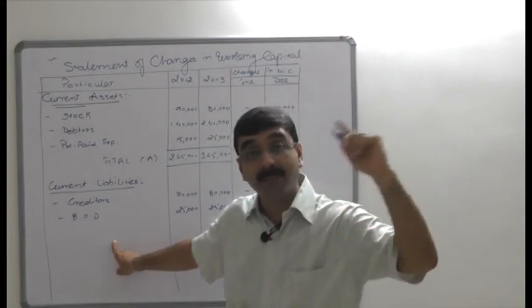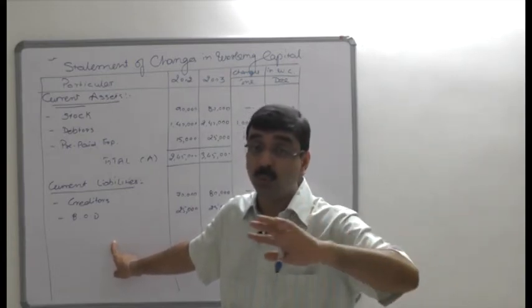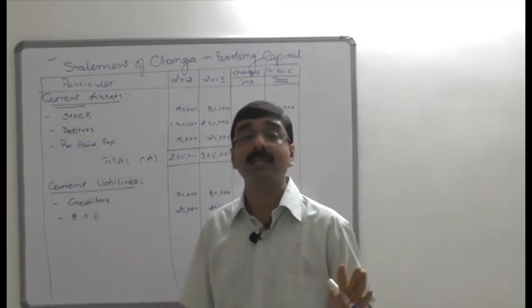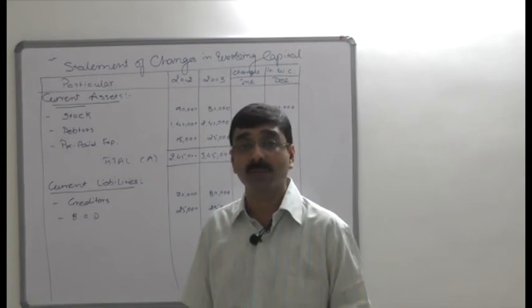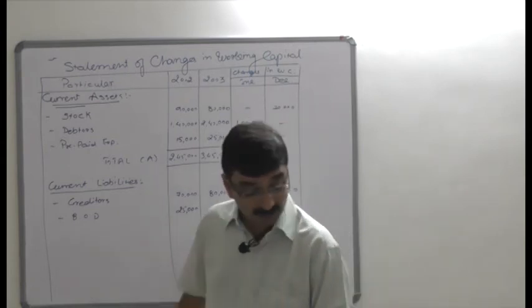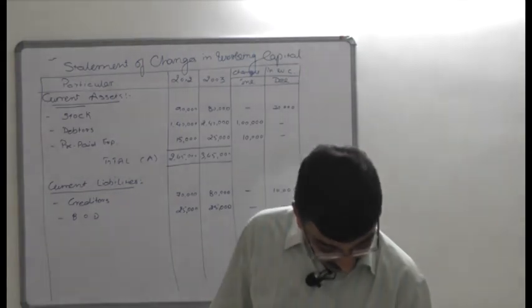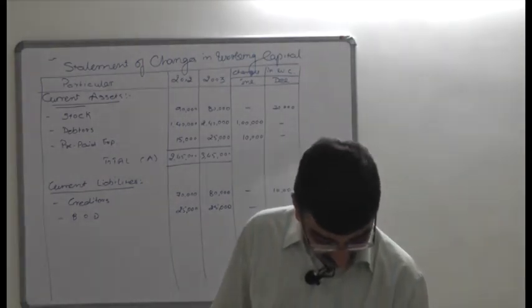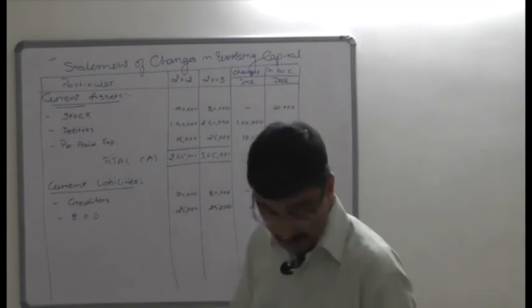Then we will prepare a separate account. But suppose there is no item and no adjustments related to provision for taxation, then you can consider it as a current liability. Now see the additional information. Is there any adjustment regarding the current liability?